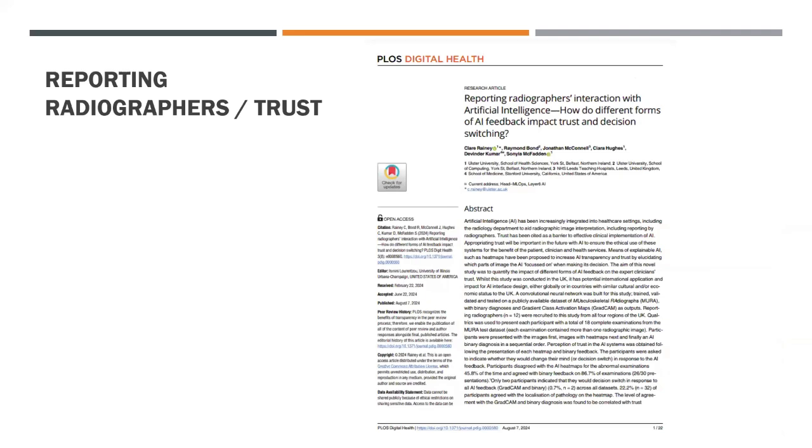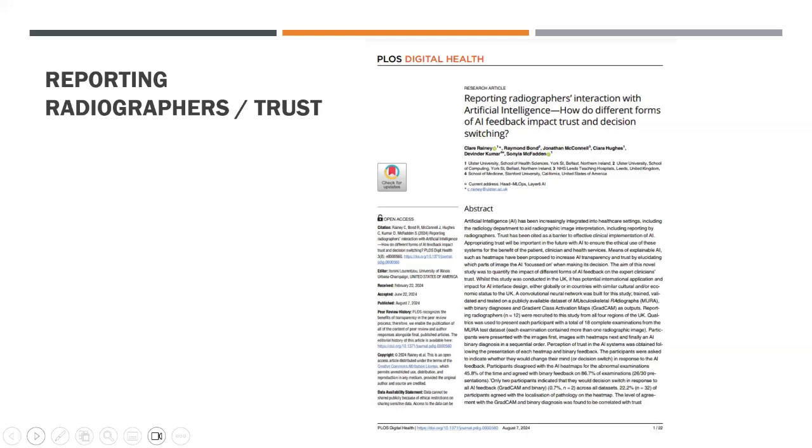So the other study was very quick, but you'll be able to read the publication of that if you want a little bit more detail. Following on from this study, we got reporting radiographers, who are radiographers who provide formal written image interpretation.